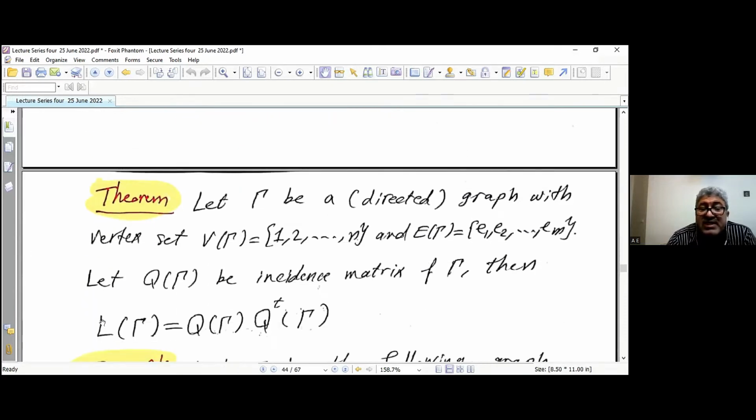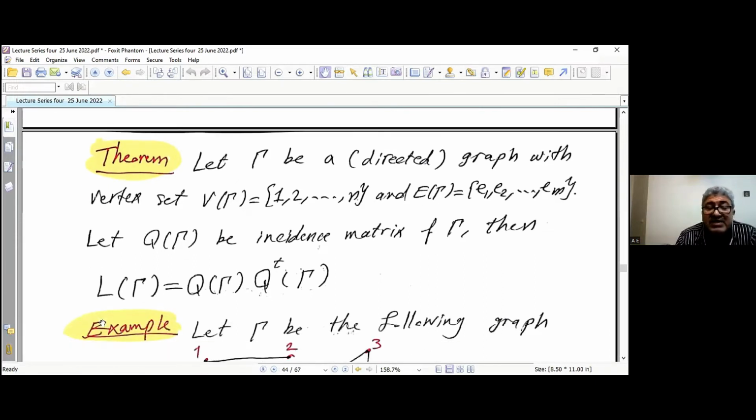Another relation between the Laplacian matrix and incidence matrix. This is a very interesting theorem. If we have a graph, whether it is directed or not directed, we may put an arbitrary direction on it.